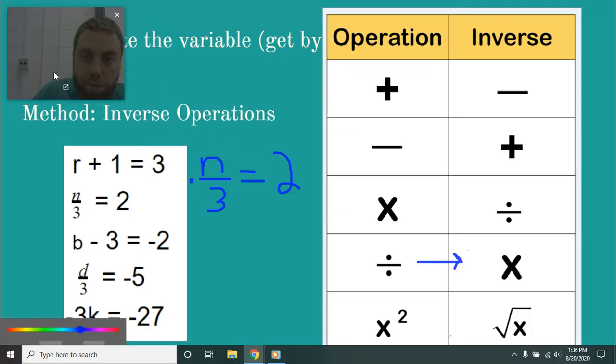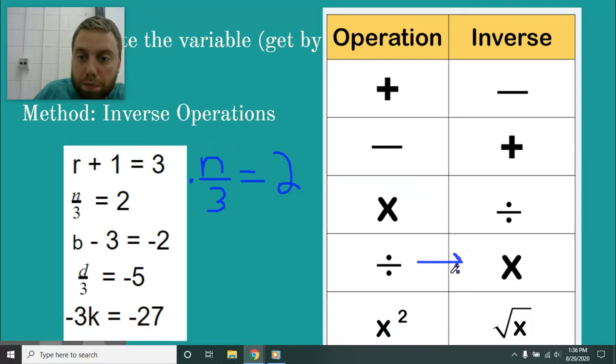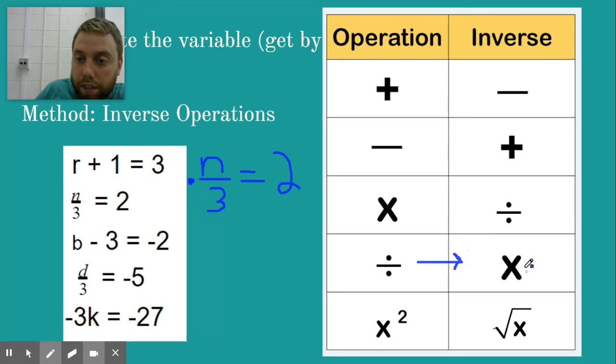So the opposite of division is multiplication. Multiplication can be this x, or it can be just a little dot. Both mean the same thing. Okay, and we're going to multiply by 3. If you divide by 3, to get rid of that 3, you must multiply by 3.